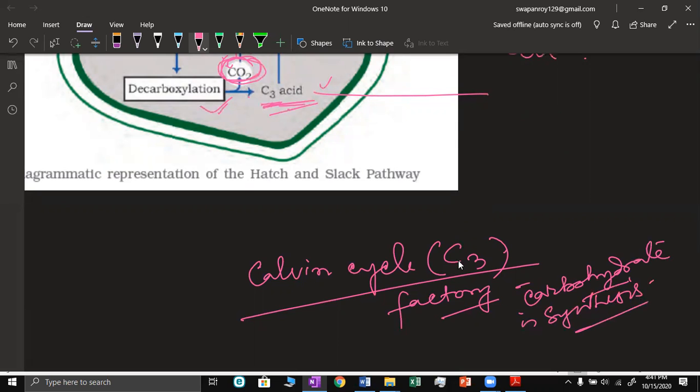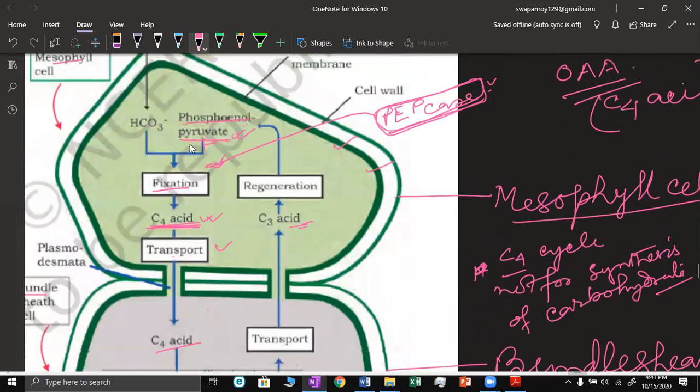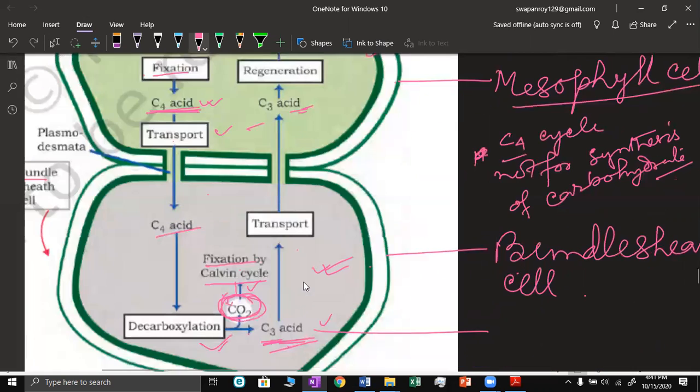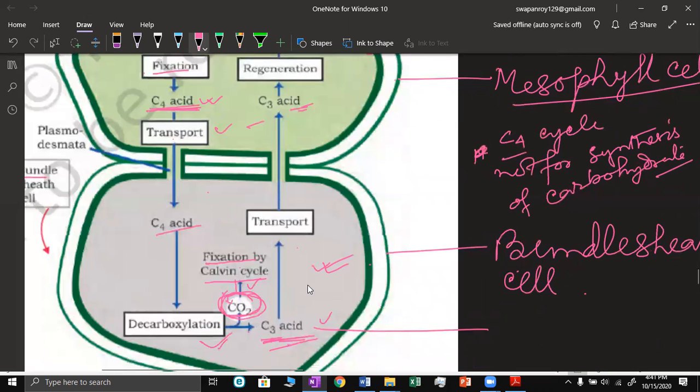Okay, carbohydrate is synthesized, and the C4 cycle, this one Hatch and Slack cycle, is functioning as a supplier.